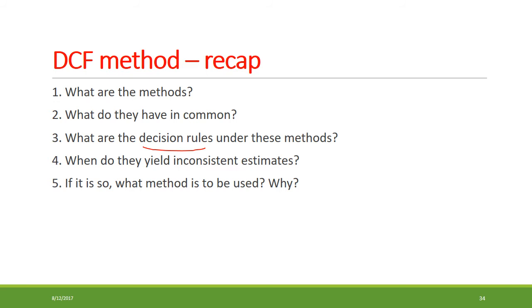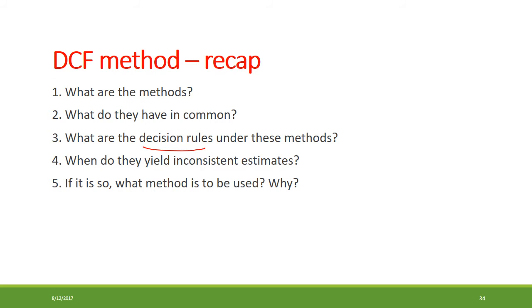What are the decision rules? So the decision rule here is always choosing the project with the highest returns. So we want to maximize shareholders' value. With the NPV method, we want to choose the project with the highest dollars, so the highest NPV.